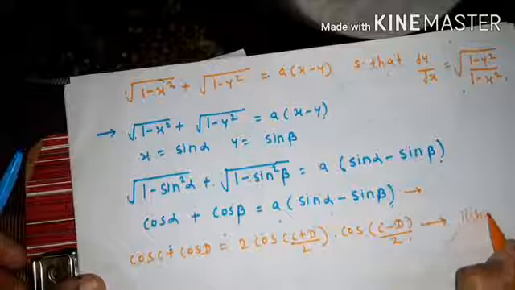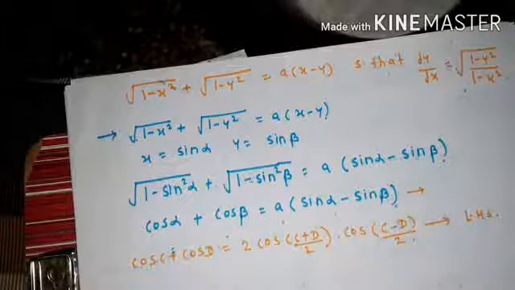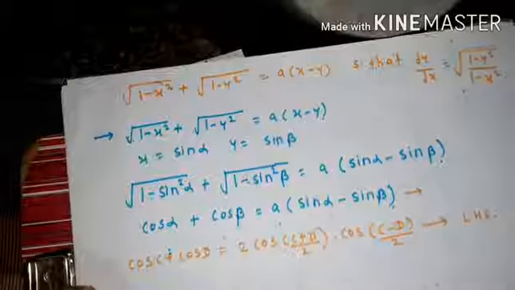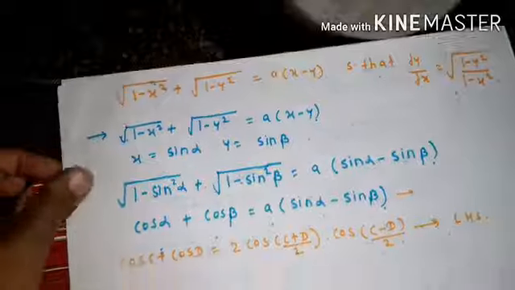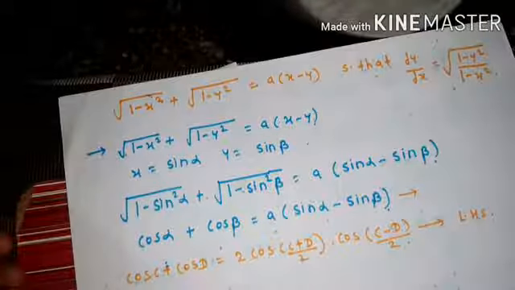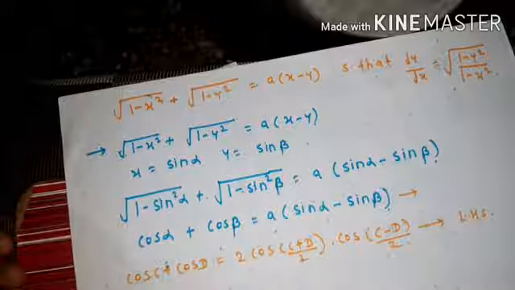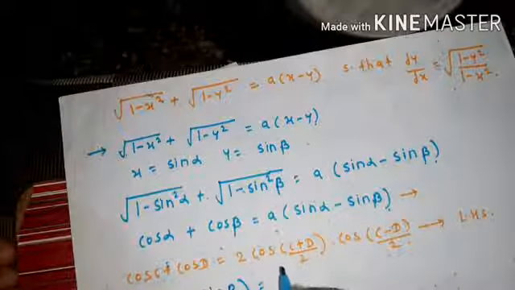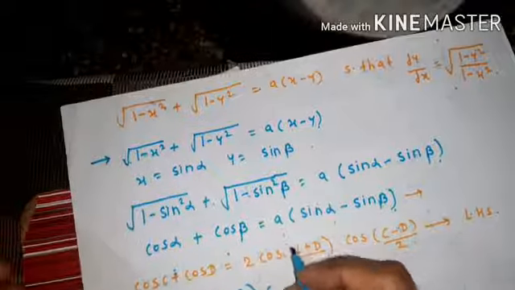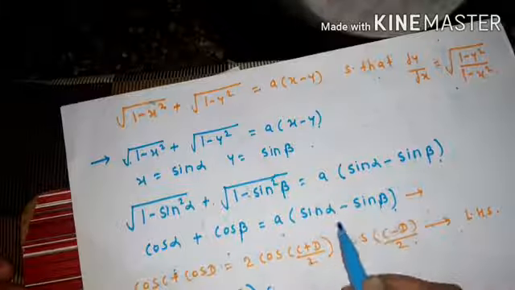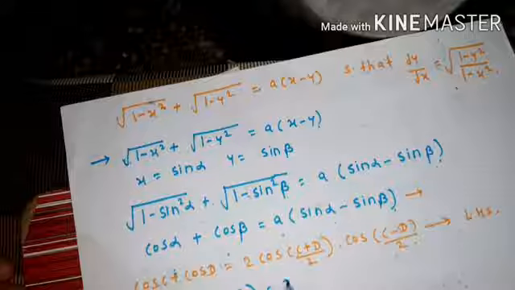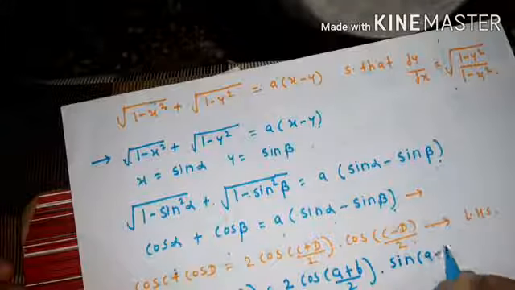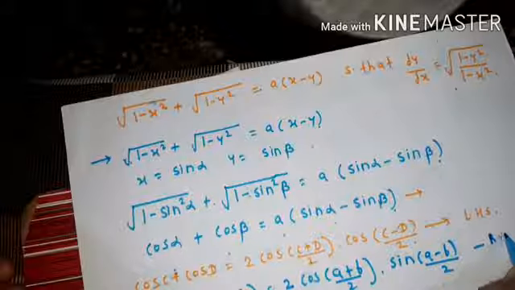This is the formula for the LHS. For the RHS, we know the formula for sin A minus sin B, that is sin alpha minus sin beta: it equals 2 cos of A plus B upon 2 into sin of A minus B upon 2. This is the formula for the RHS.